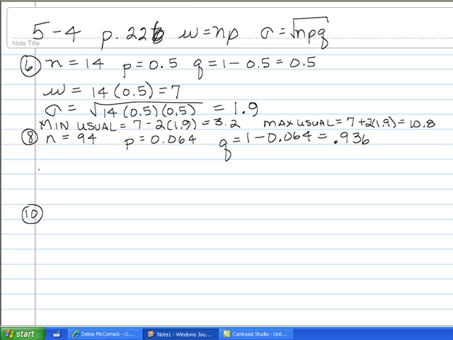Okay, so our mean is going to be 94 times 0.064. And I'm getting 6.016. If we round that to the nearest tenth, it would be 6.0.